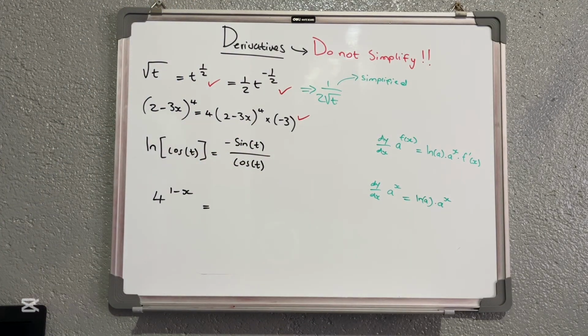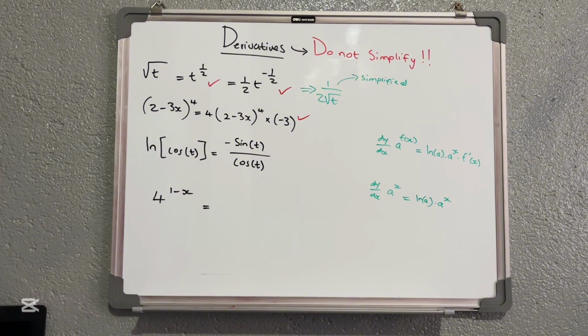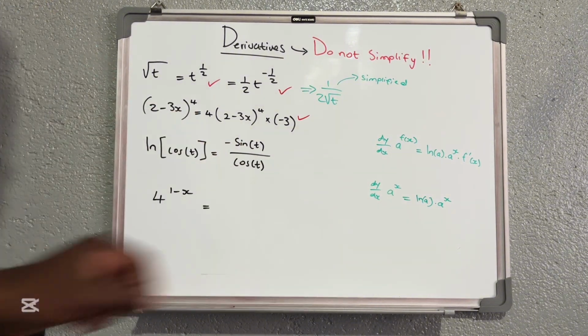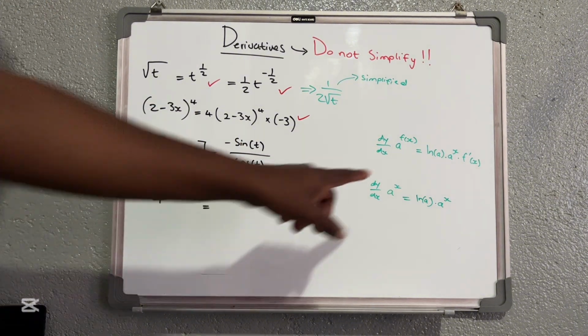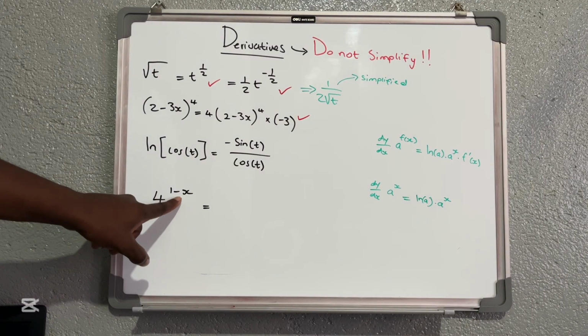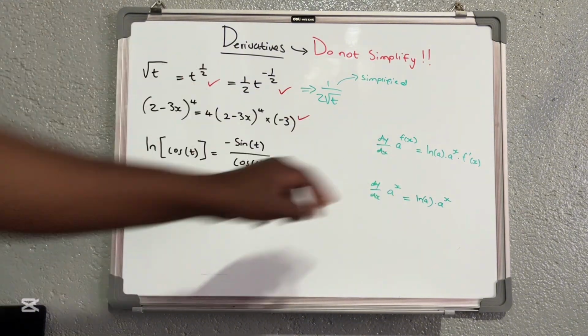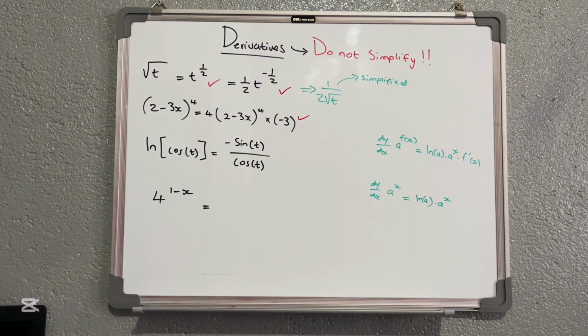These are two rules. The first is for when I just have a constant exponent, and this one is for when I have a function at the top. Here we have a linear function, so we have to use this rule.